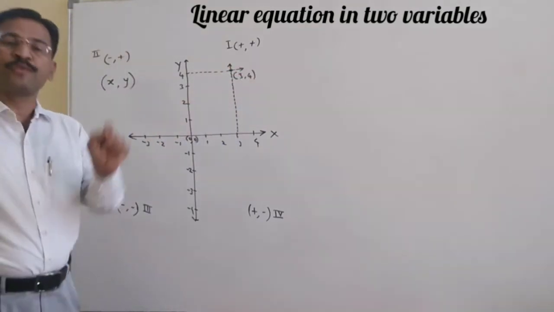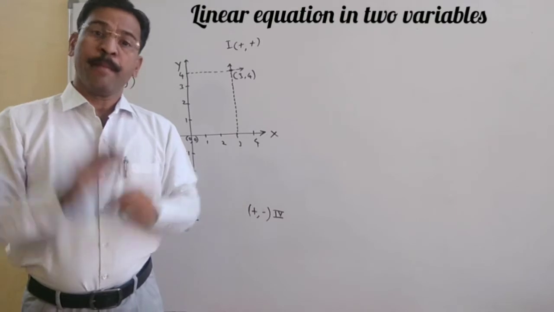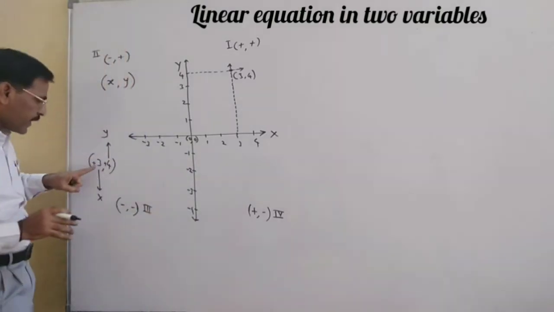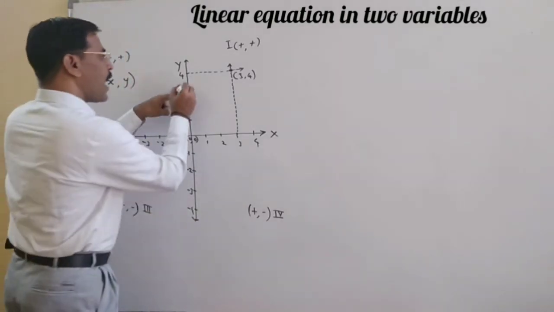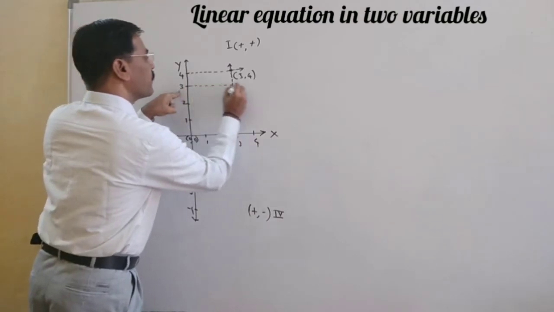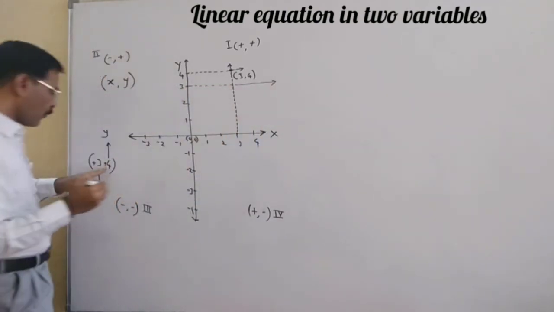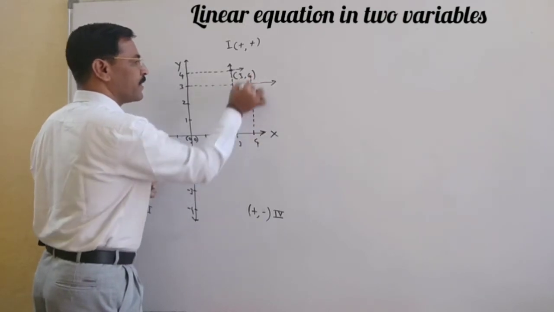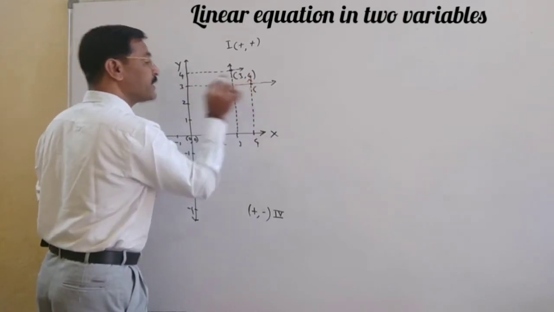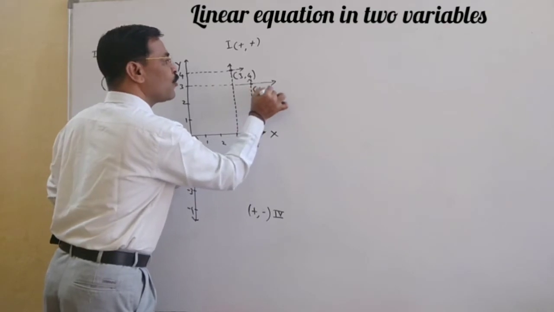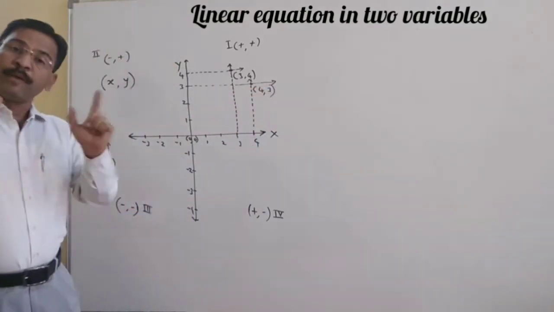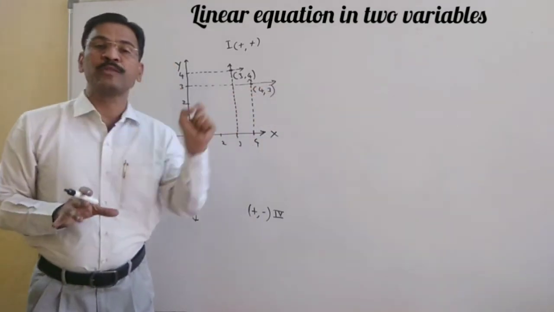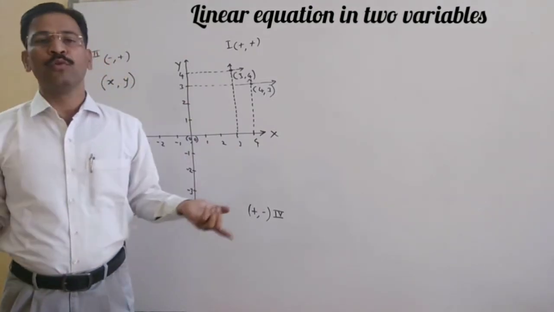But sometimes students can make a mistake here. By mistake, if they take 3 from the y-axis and 4 from the x-axis, the point will be different. The point is then (4, 3), not (3, 4). Students can make these kinds of silly mistakes and lose marks.